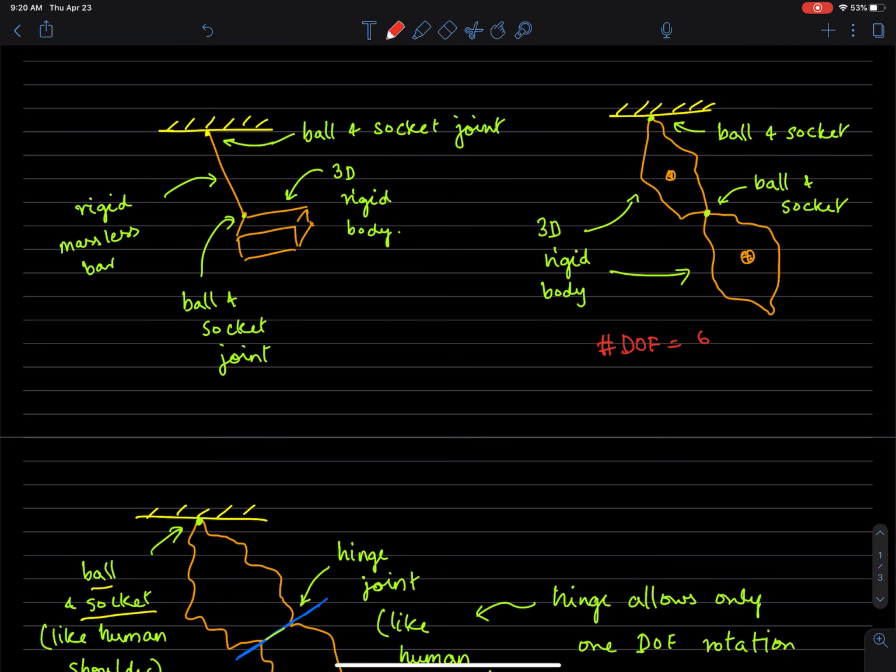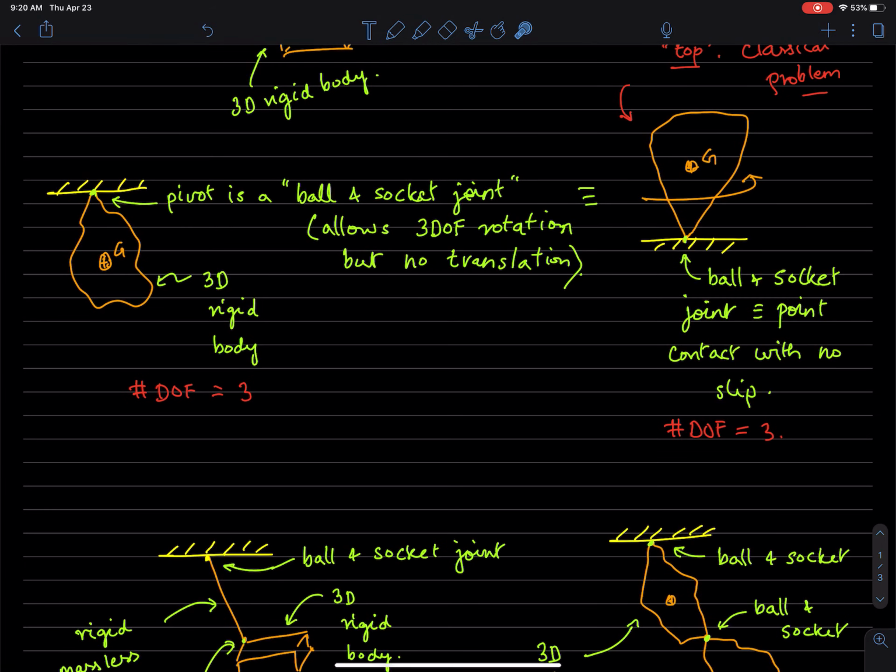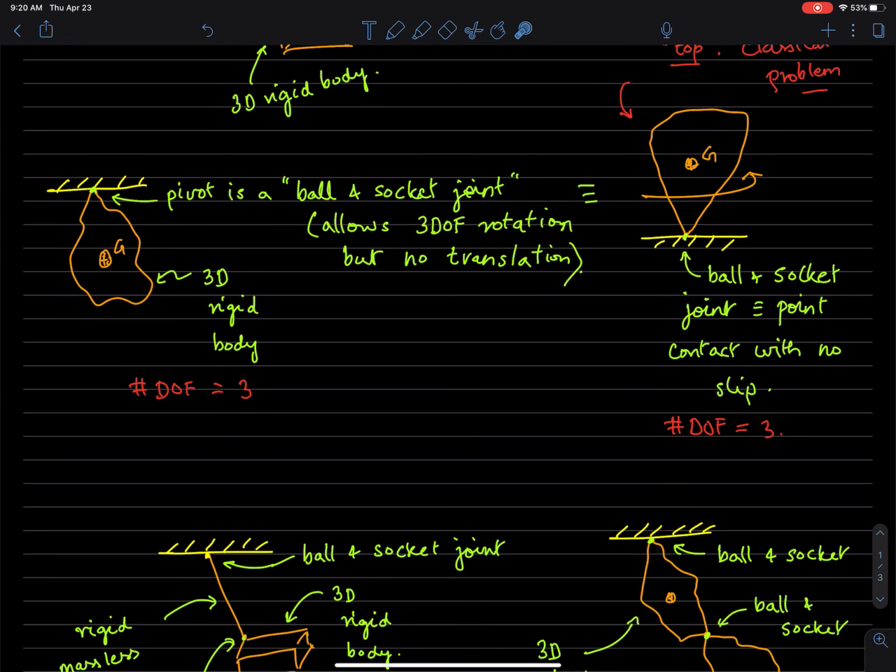Something to think about: how many degrees of freedom is this object? It depends on how you want to write the equations of motion, whether you want to consider this to be a rigid body or not. I'll let you think about it. These things have 3 degrees of freedom because this is a rigid body.